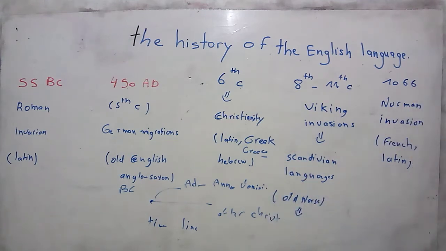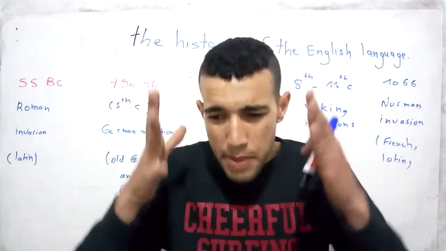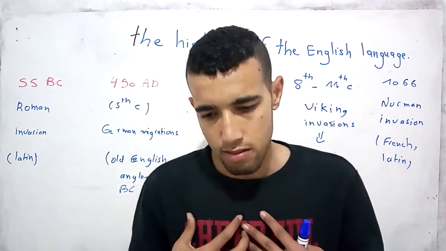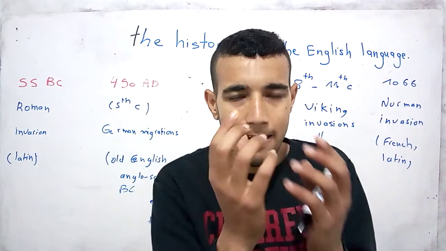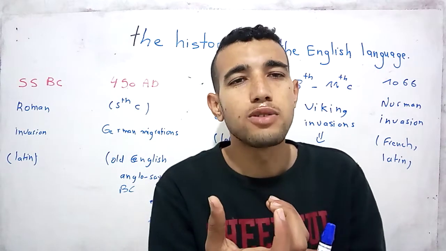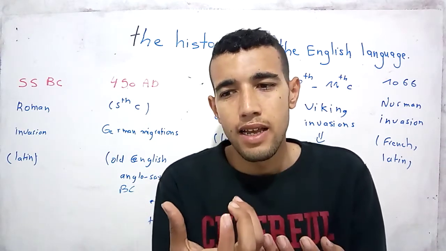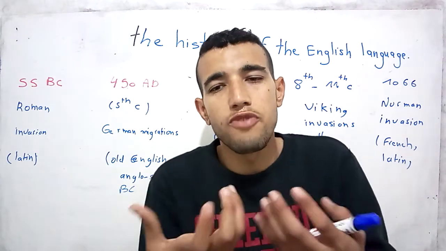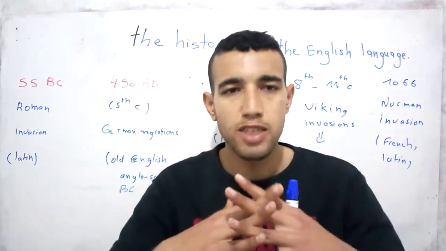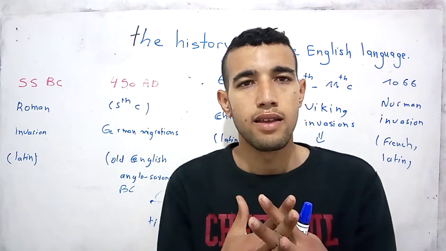After that, in 1066, we have the Norman invasion. What is a Norman invasion? Bear in mind and bear with me. When we talk about invasion, we refer exclusively to the war setting, to the war vocabulary, to the conflict between two countries.